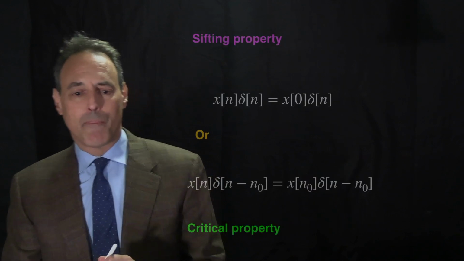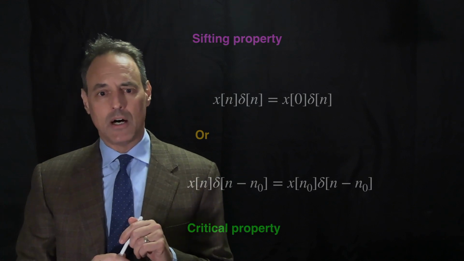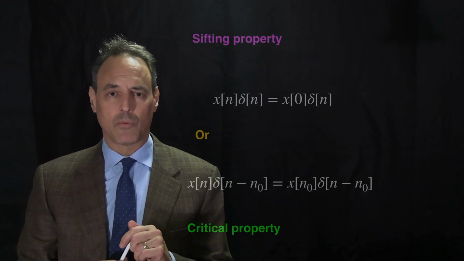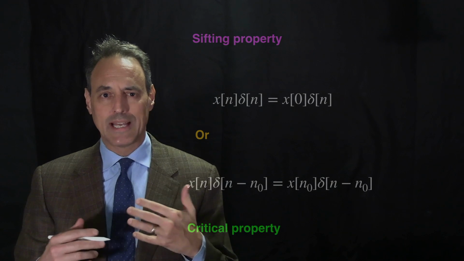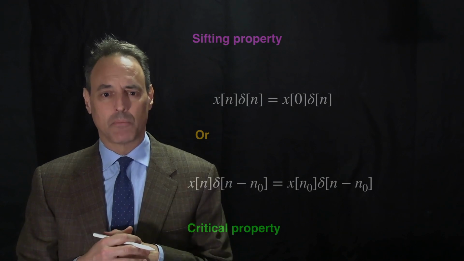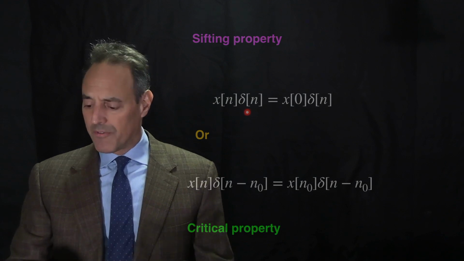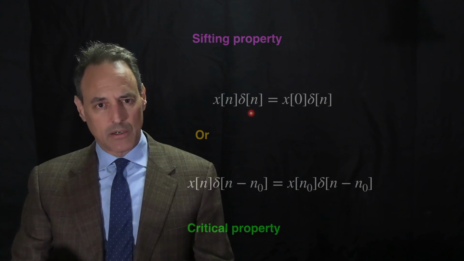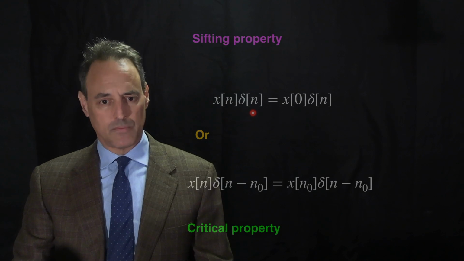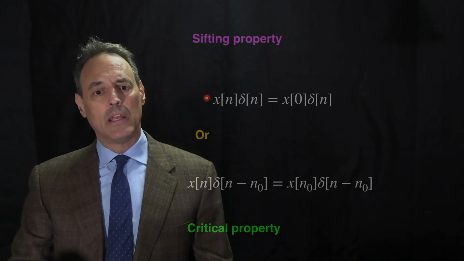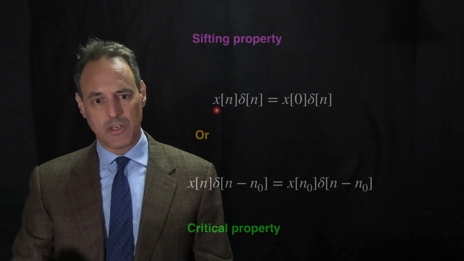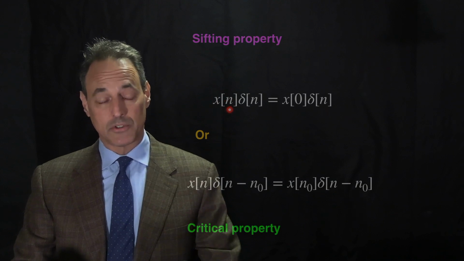Here is one of the most important properties of the delta function, and in fact one of the reasons we very much like this delta function: the sifting property. And what is it? This delta function is 0 everywhere except at one point. So think about it this way. Here's my function I'm interested in, x[n]. This is my signal in discrete time.